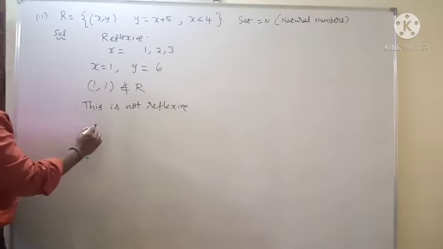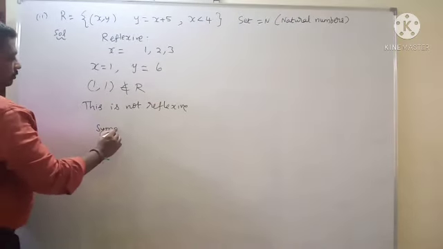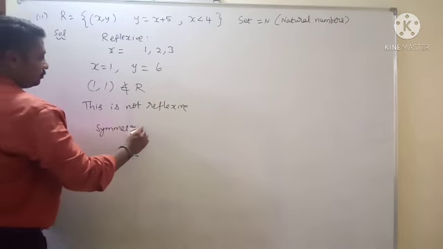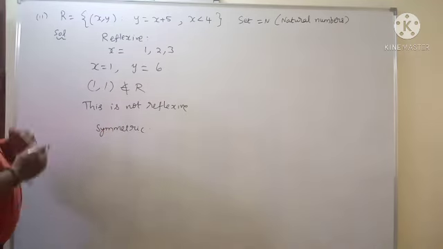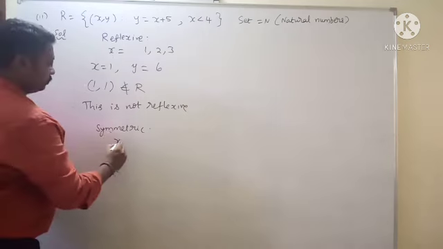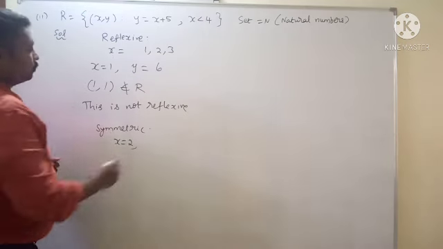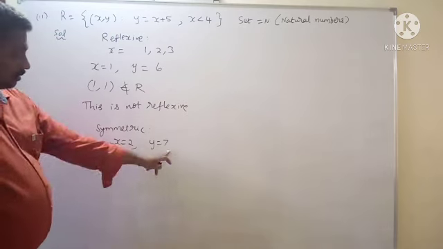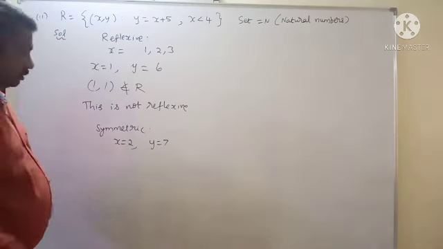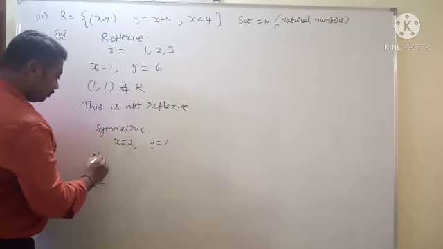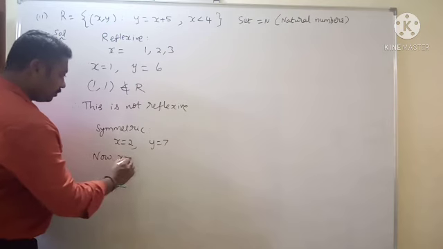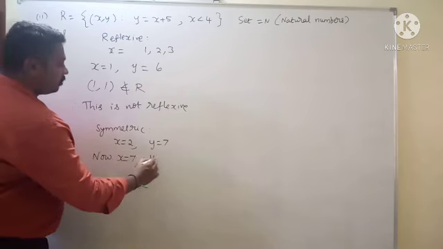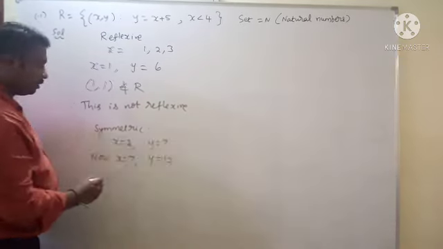Let's check for symmetric. We will take x equal to 2. For x equal to 2, y equal to 7. Then for x equal to 7, we should get y equal to 2. Now for x equal to 7, y is equal to 12, right?